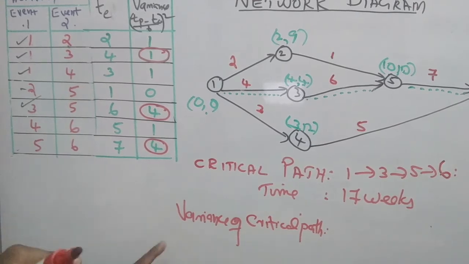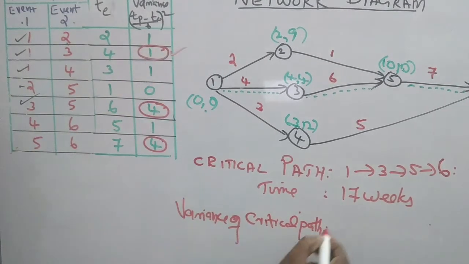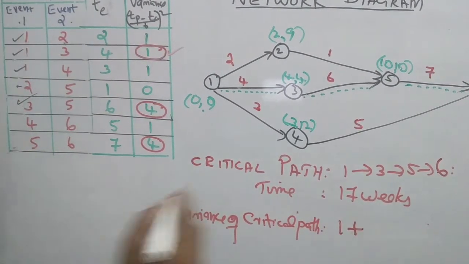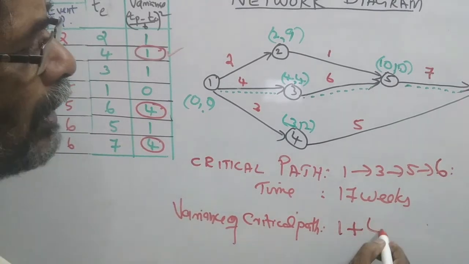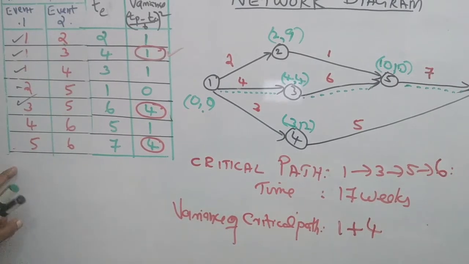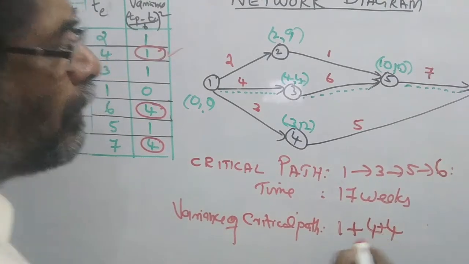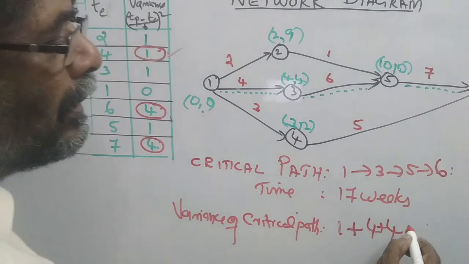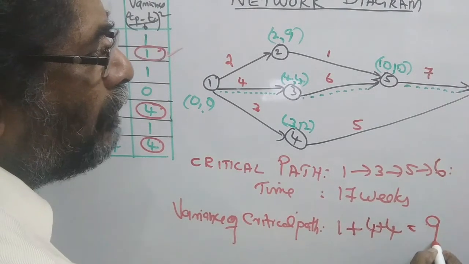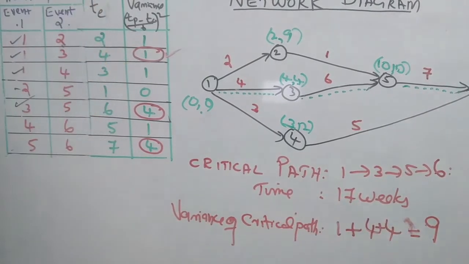For 1 to 3, it is 1. For 3 to 5, it is 4. The third one, 5 to 6, its variance is 4. Therefore, the total is 1 plus 4, 5 plus 4, 9. The variance of the critical path is 9 weeks.